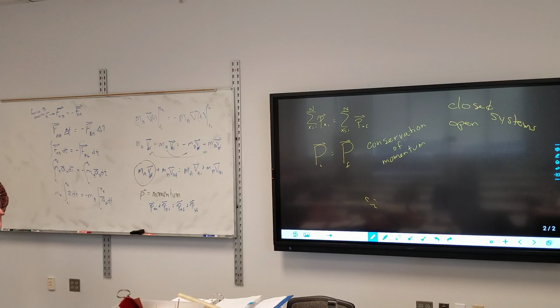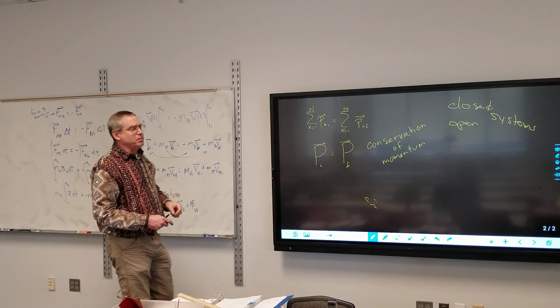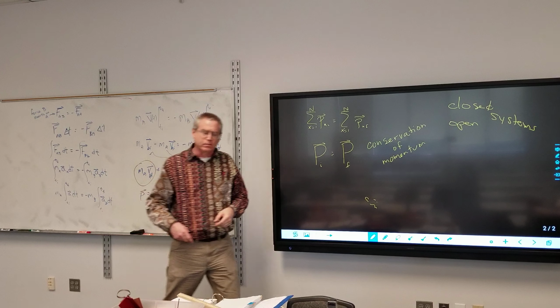Gravity from the Earth. So in a closed system, I would take the marker and the Earth both into account. If I look at just the marker, it has a force acting on it from outside the marker. It's not exerting a force on itself. And so that would be an open system. So in an open system, I've got outside influences.